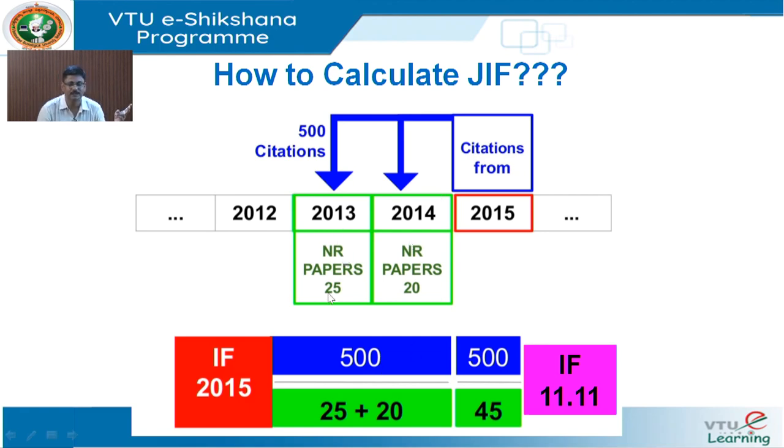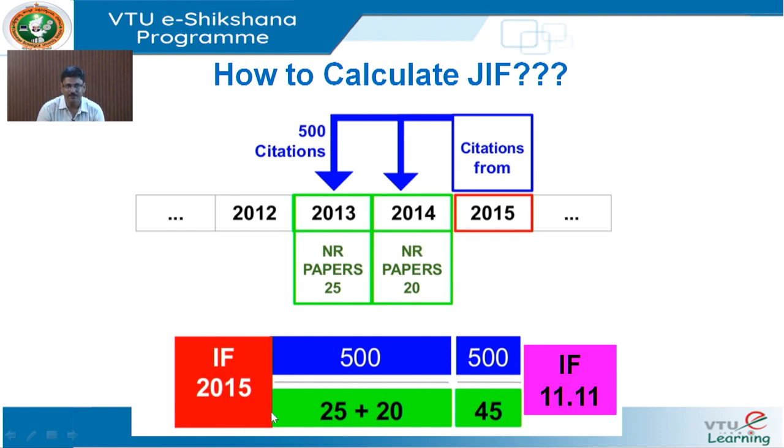In 2013, the journal published 25 articles, and in 2014, the journal published 20 articles. How many citations did these 45 articles receive by the end of 2015, that is 13, 14, 15?